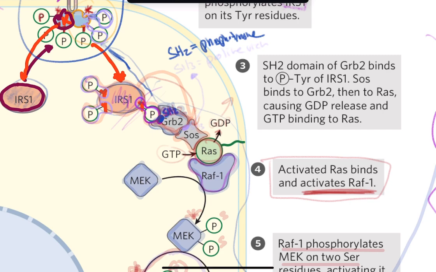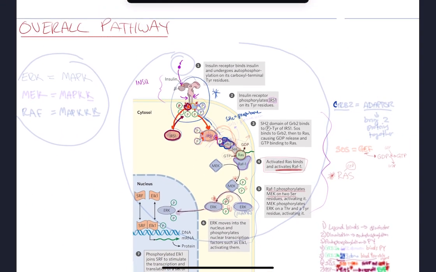Now, this is a key player: the SH2 domain on the GRB2 protein. Keep this in mind. GRB2 stands for growth factor receptor bound protein, but I don't think you really have to know all the long names. GRB2 should be sufficient. When you think GRB2, think adapter.